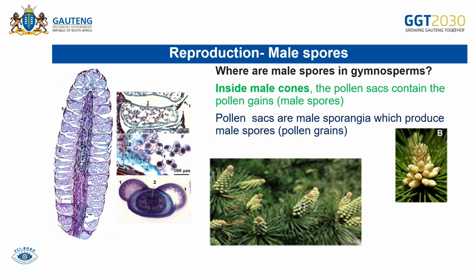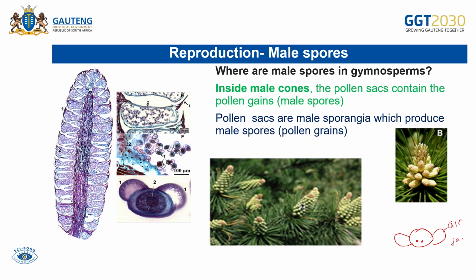Now, if you look at the pollen sacs on this male cone here, when they burst, they will release the pollen, and each pollen grain has two air sacs that look like that. And inside this pollen grain, there are two little male gametes. So these are your male gametes and these are your air sacs.